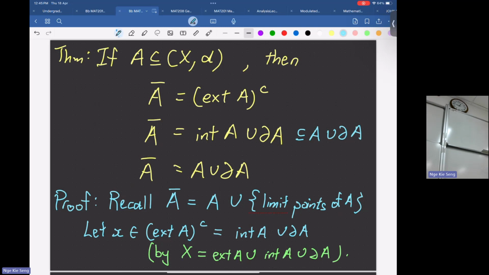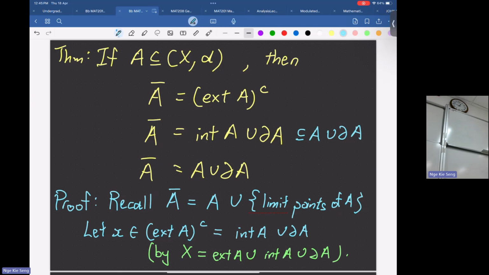So the difference here is the ball you look for when you are considering a boundary point and a limit point. What's the difference? In the limit point, you must contain something that is not x.